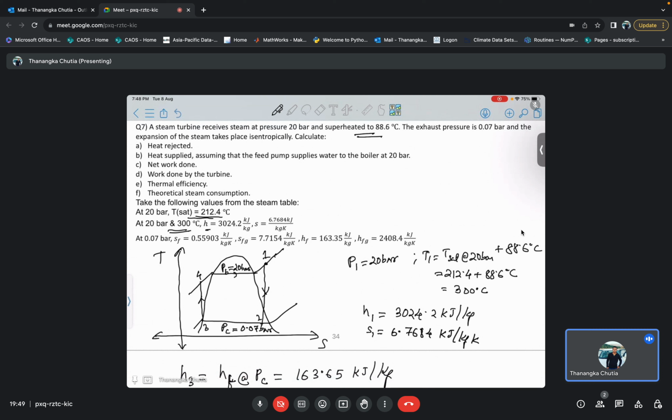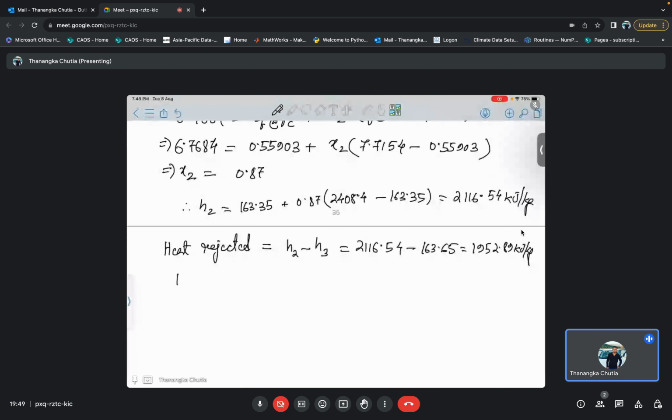Heat supplied: how will we calculate heat supply? Work done by the pump will be equal to minus integration of VdP. This pump process is from 3 to 4.